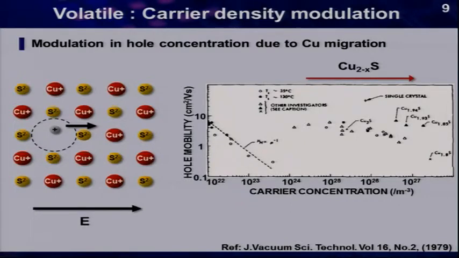When the copper ions migrate by applying the electric field, copper vacancies are formed and holes are induced. This graph shows the hole mobility versus carrier concentration for different copper compositions. The mobility ranges from 1 to 10 square centimeters per volt-second. The hole concentration depends on the amount of copper.